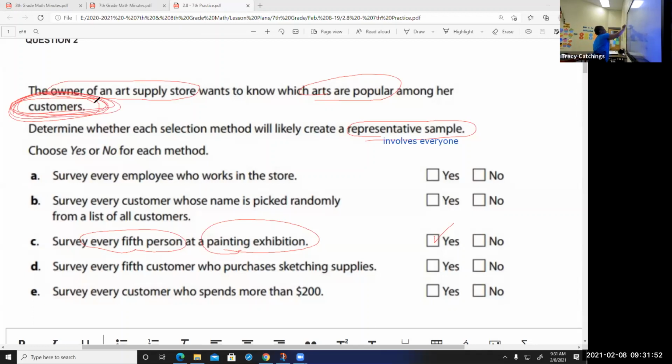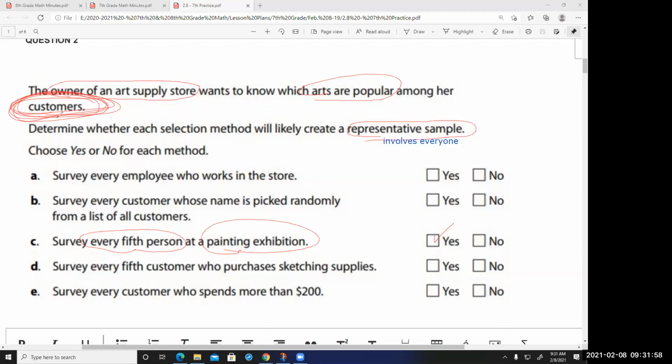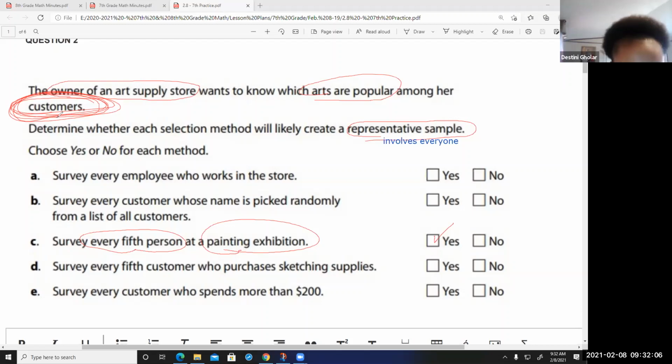Will only customers attend that painting exhibit? No. So are you still agreeing to that? Yes or no? Are you sticking with yes?